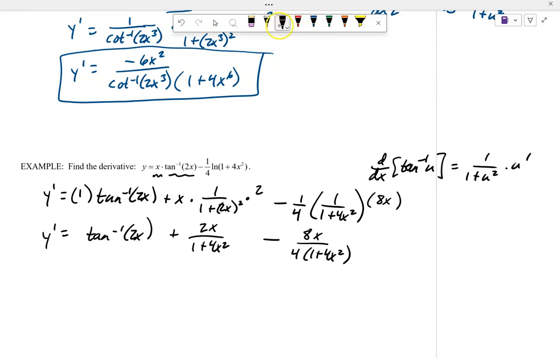But notice 8 over 4 is 2. So I got 2x over 1 plus 4x squared minus 2x over 1 plus 4x squared. Those are like terms, those are gone. And we just have our y prime, which ends up being the arc tangent of 2x.